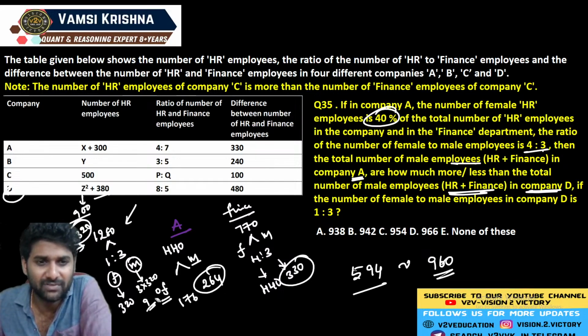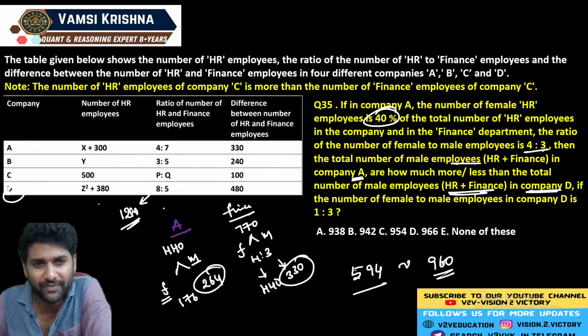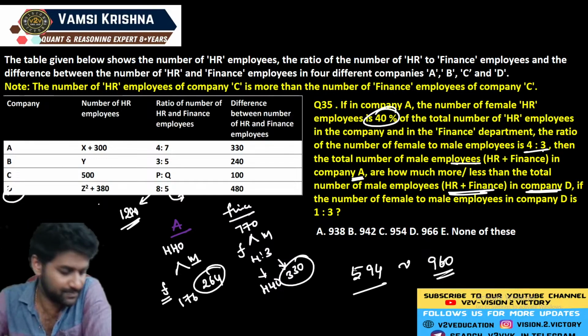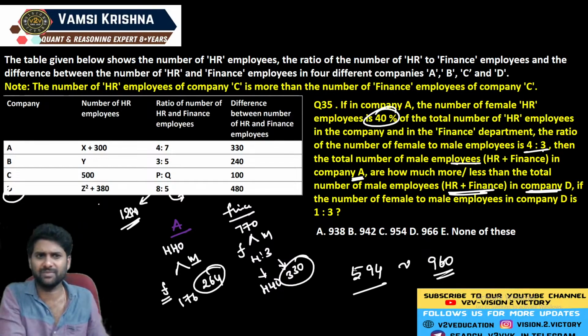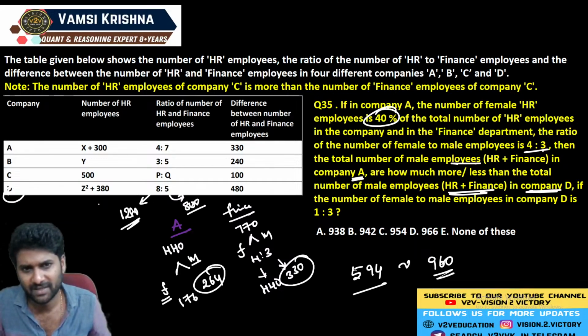Sorry. This is not 1080. 1280 is only finance, but we have to include these values also. That's why I made a mistake. Why? Because we should include both finance and HR, right?